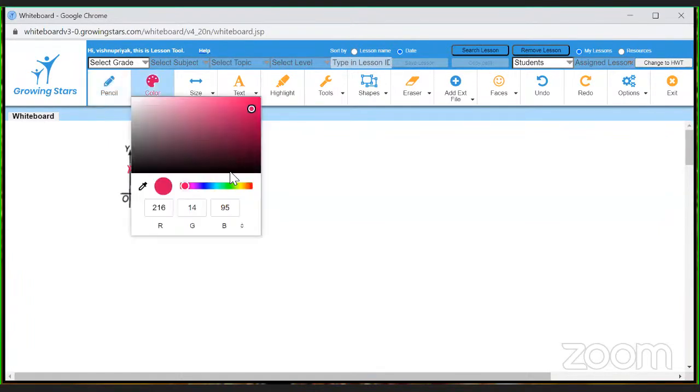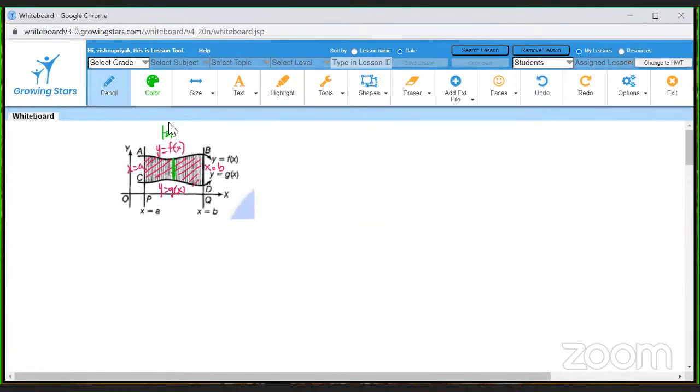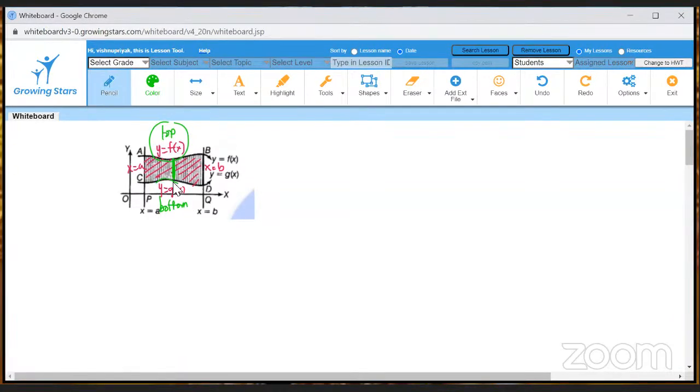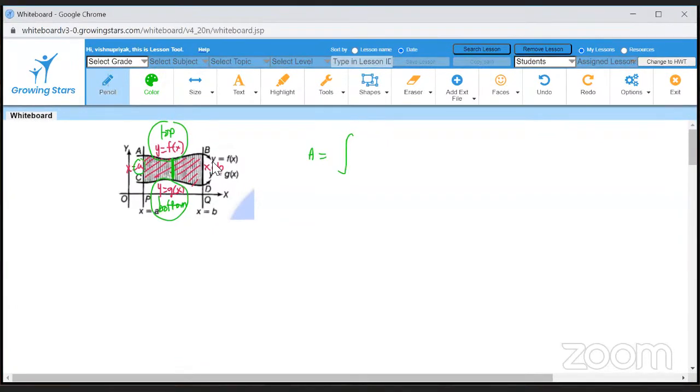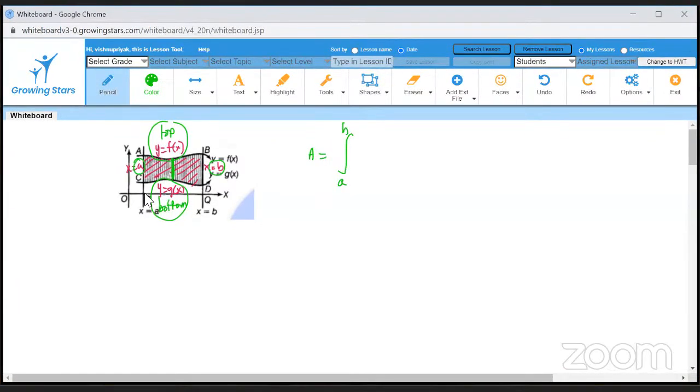What is the procedure? You will draw a line in the center. You will take the top equation f of x. You will take the bottom equation g of x. Area will be the integral. The bounds you will take from a to b on the x-axis, because on the x-axis here a is there and here b is there.